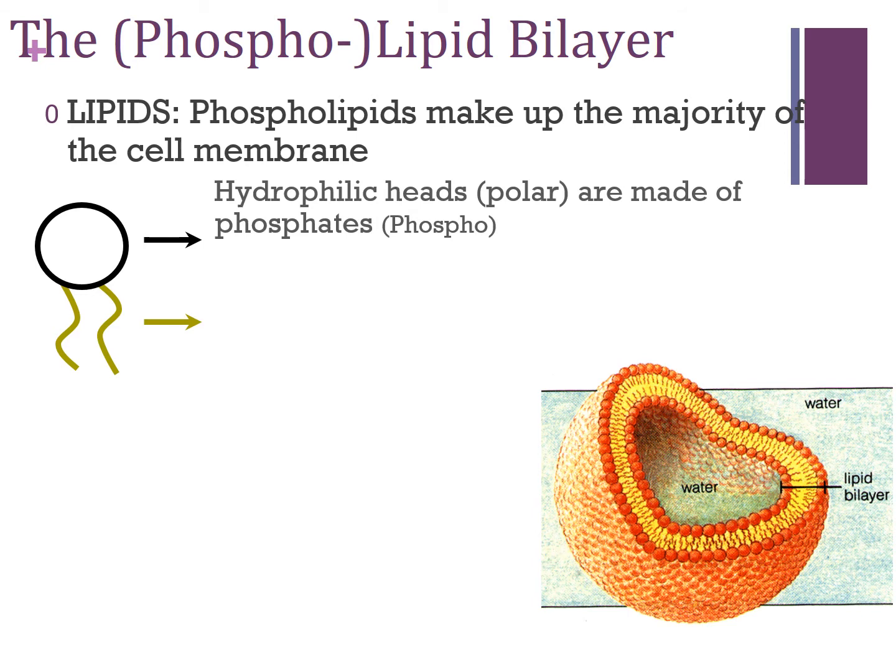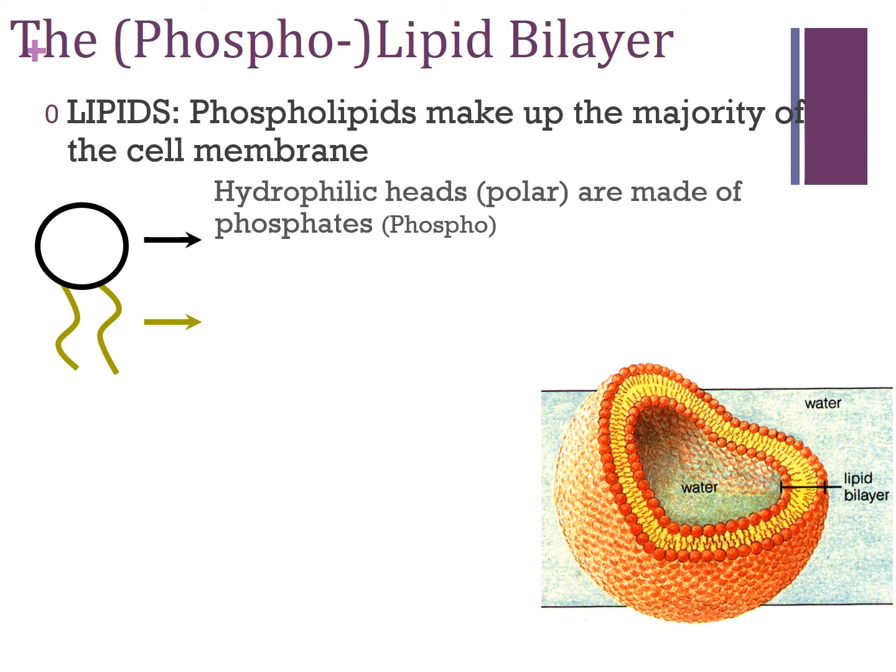The philic part means to like. So these hydrophilic heads like water. Another way that we can describe that is by saying that they are polar. These hydrophilic polar heads are made of phosphates. That is where the phospho part of the phospholipid bilayer comes from.